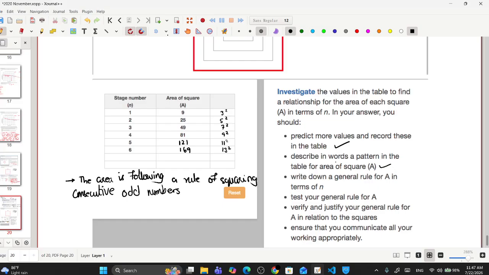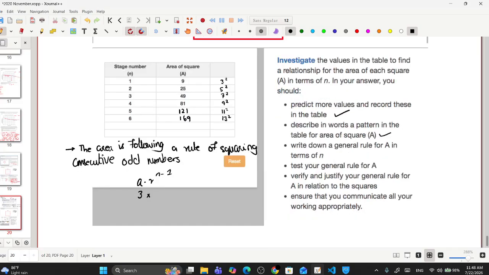A is the principal term, which is 3, multiplied by r, which is the common ratio. That common ratio can be found out by the value of, wait a second, where am I going wrong? General rule for A in terms of n. 9, 25, 49.